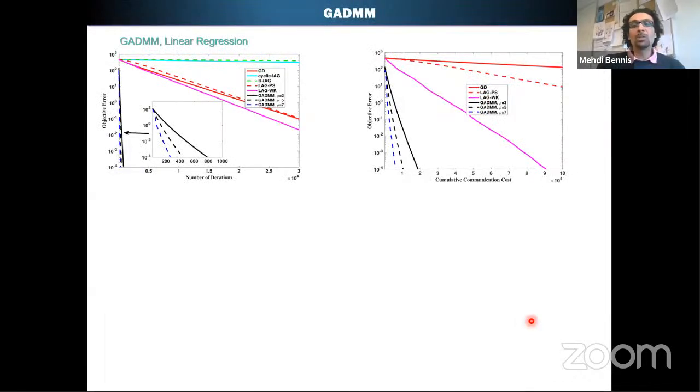So here, just to show you some results, this is for linear regression as an example. This is an objective error as a function of the number of iterations, comparing the proposed approach, which by the way is called group alternating direction method of multipliers, versus a number of baselines: gradient descent, stochastic gradient descent, and lazily aggregated descent.